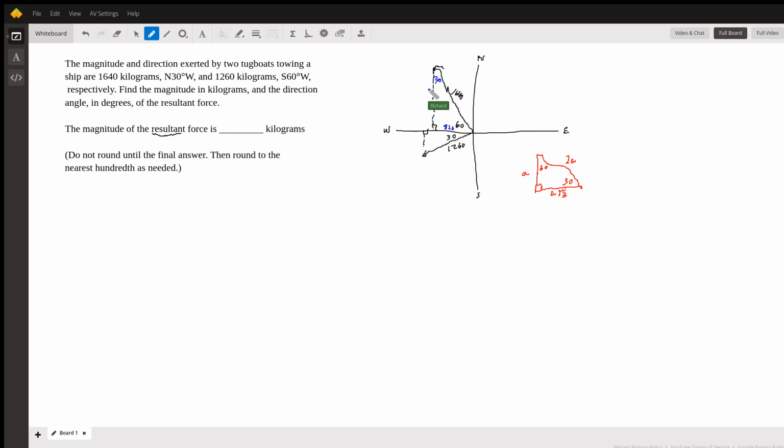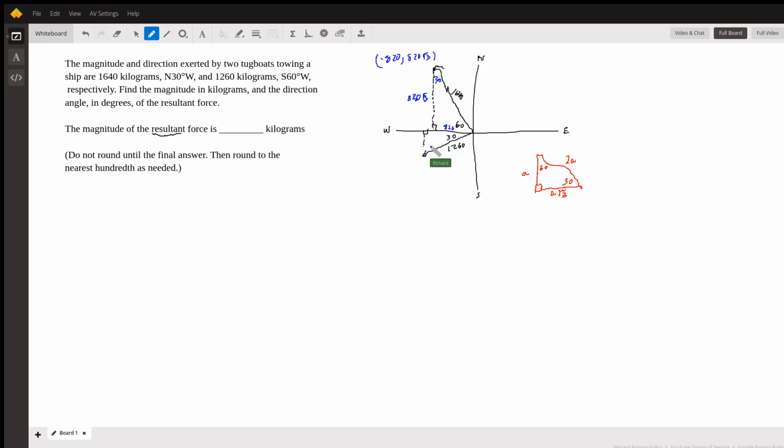And so this height here has to be 820 root 3. So the coordinate of this vector here is negative 820, comma 820 root 3, like that.